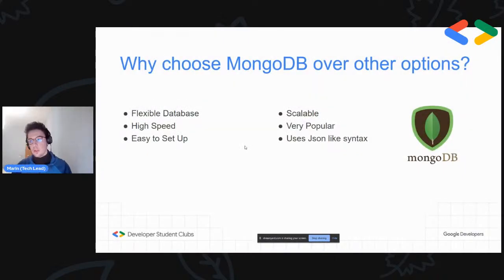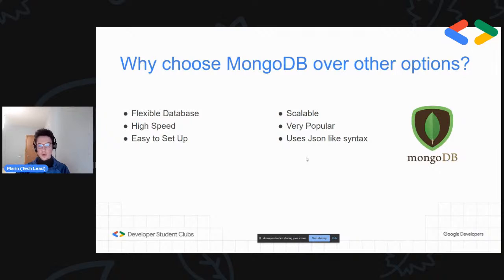So why choose MongoDB over the many other options that exist today? Well, it's very flexible. It's very easy to integrate MongoDB in our applications. We're going to use Node.js today, but you can use it with any other programming language you might be using for web development.